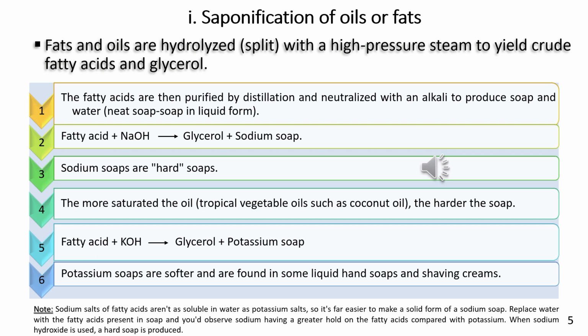So why are the sodium soaps called hard soaps? Because sodium hydroxide is used in making sodium soap. So that's why they are hard. Number 4 is the more saturated the oil, such as tropical vegetable oil like coconut oil, the harder the soap.